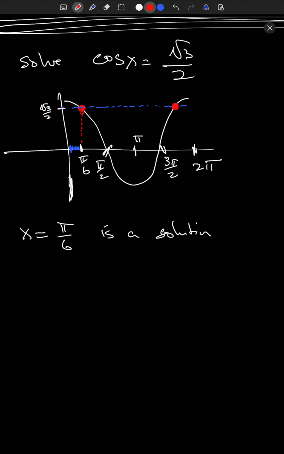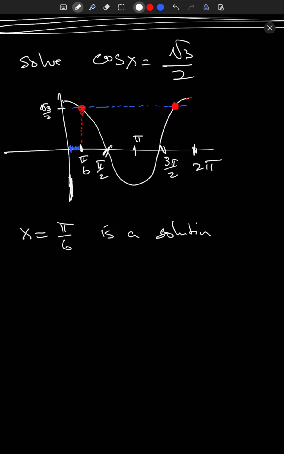So first of all, those are the only two. Once I found these two, I can propagate or replicate to get all the others, right? Again, same idea. I only have to look between 0 and 2 pi. So where is this guy?